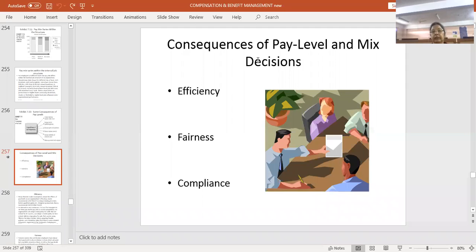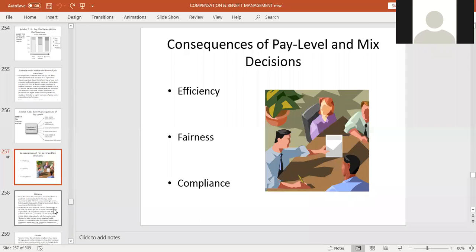All that the company will follow. So that is compliance. This is the additional outcome of having competitive pay level and pay mix in your organization. You will become more efficient as an organization, you will be considered a fair paymaster by the employees, and there will be increased compliance by the company. They will follow the labor laws, the rules and regulations of the country.